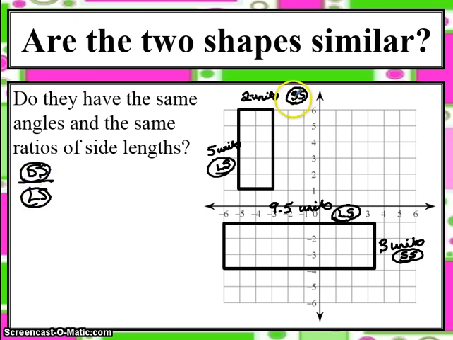Okay. Our short side on the smaller rectangle is 2 units. And our long side is 5 units. On our larger rectangle, our short side is 3 units. And our longer side is 9.5 units.